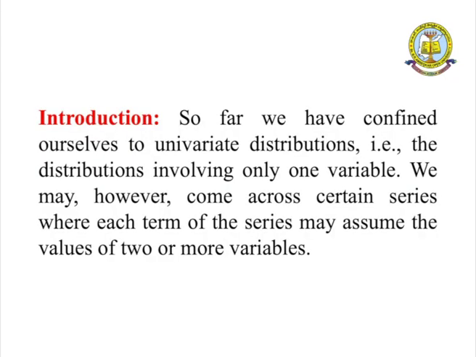Introduction to correlation. So far we have confined ourselves to univariate distributions, that is, distributions involving only one variable. We may however come across certain series where each term of the series may assume the values of two or more variables.